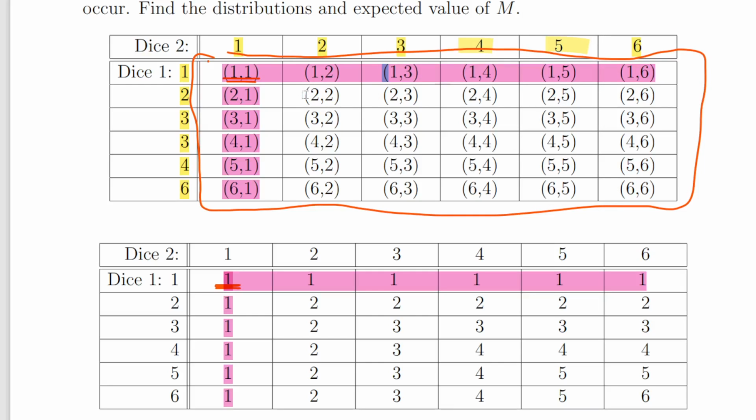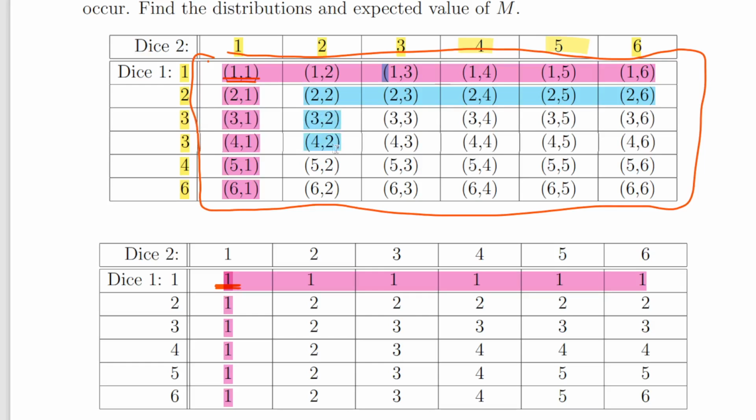Let's look at what happens when we roll 2 with dice 1. Now just disregard the case where we get 1 from dice 2. So apart from what I have highlighted, so apart from that first cell, if dice 2 gives us 2 and above, and dice 1 gives us 2, that means the pairwise minimum is 2.